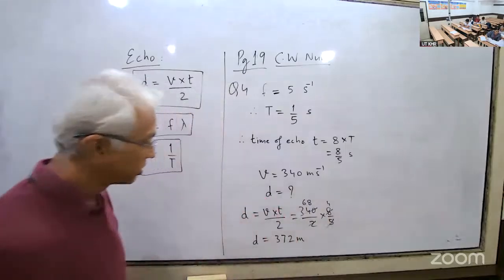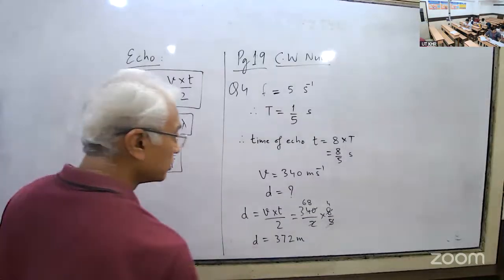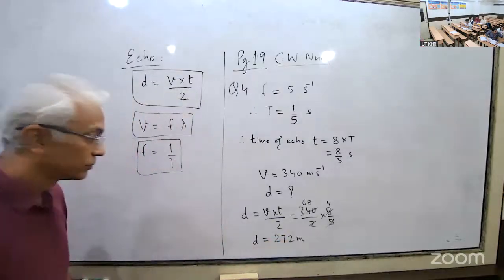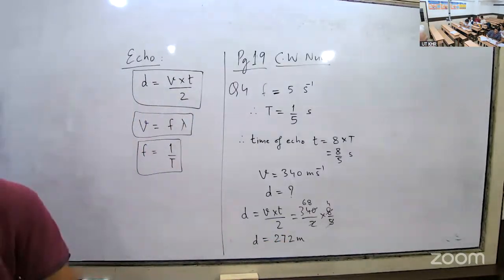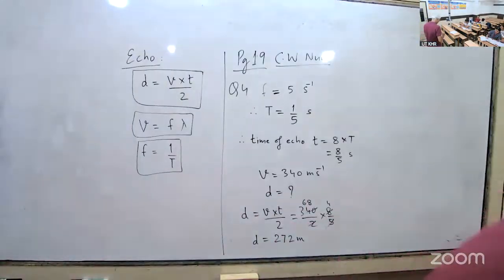Is it correct? 3 or 270? 4 sixes are 24. 270. Everyone has signed it?